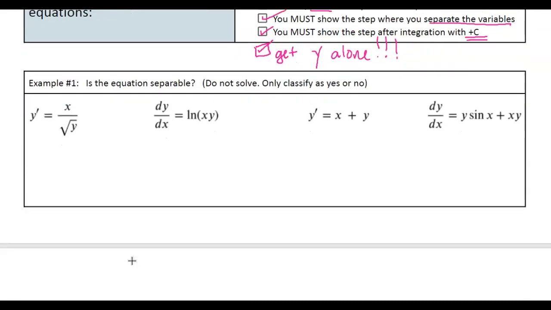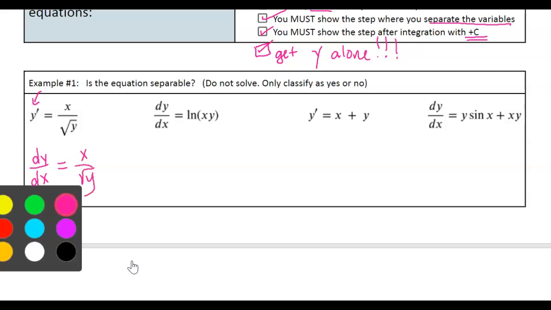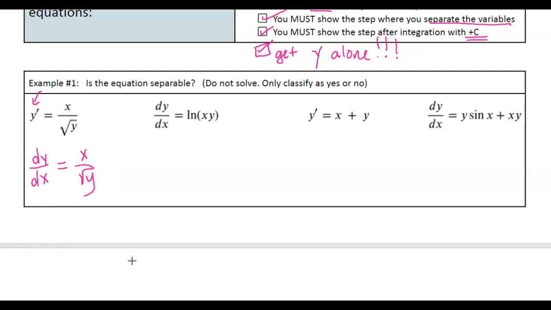So the first step is I just want you to identify which of these are separable. So this could be multiple choice. This would not be a free response question. I do not want you to solve them though. I just want you to say, yes, I can separate them or no. So the first thing you notice on this one is they wrote it as y prime. I would definitely split that up and write that as dy/dx. Okay, it's just a substitution. So I get x over root y. Now you need to figure out, can I separate these with multiplication and division only?